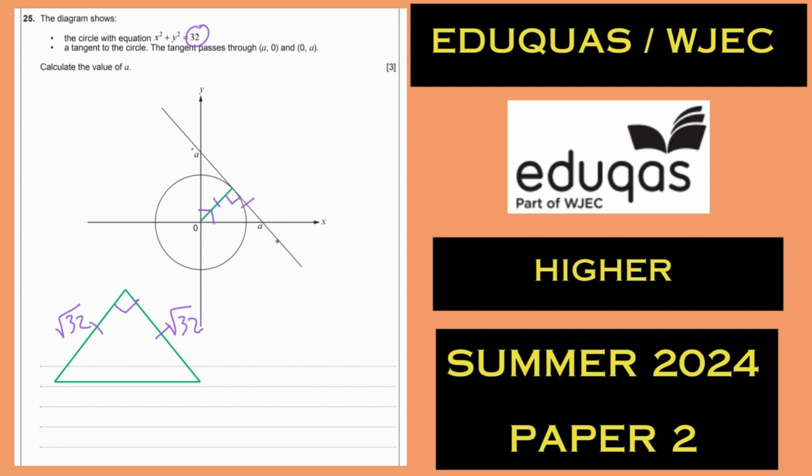The longest side, add them together, 64, and you square root it. So the distance from 0 to A is 8. In other words, A is 8. Easy when you see it. Very, very difficult if you don't.